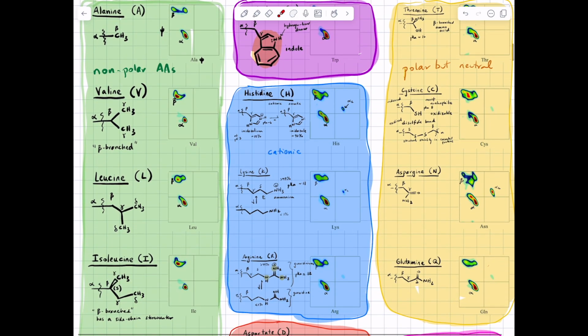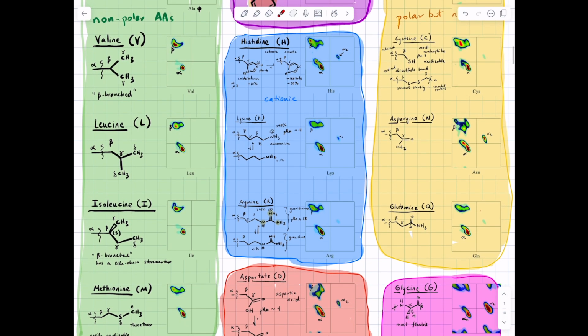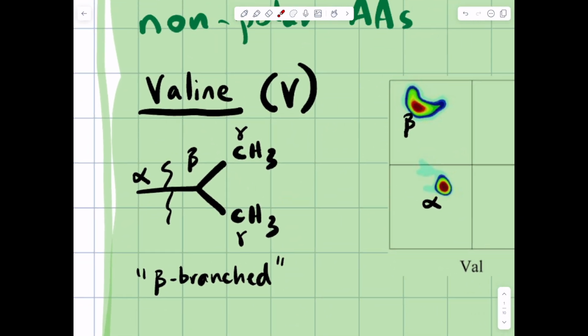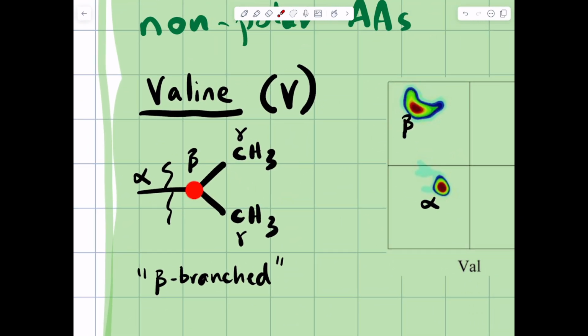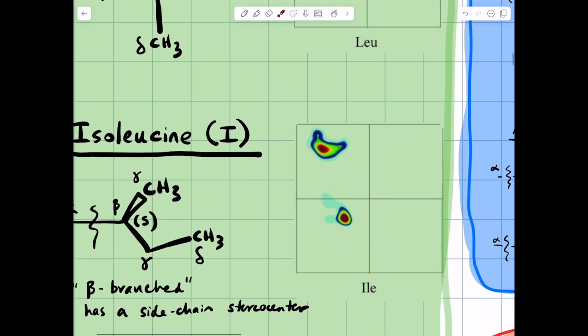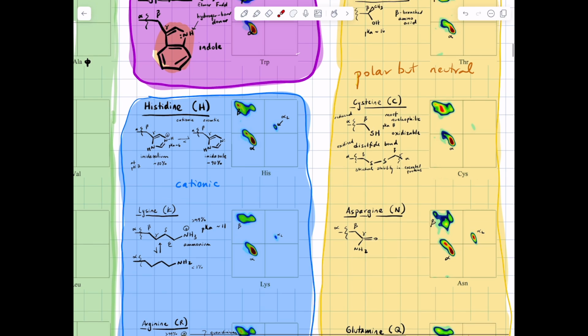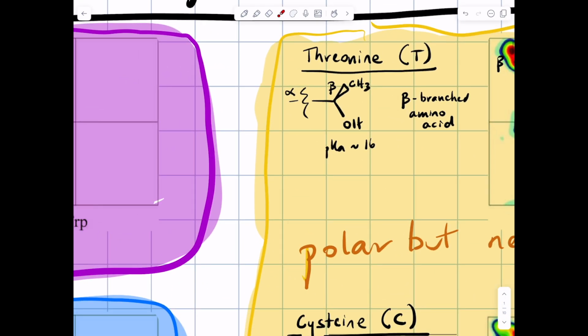Other than that, one other thing I wanted to draw your attention to was the concept that some of the amino acids have a branch point at the beta carbon. Valine does, isoleucine does, and then threonine does as well. Threonine has a branch point at the beta carbon.